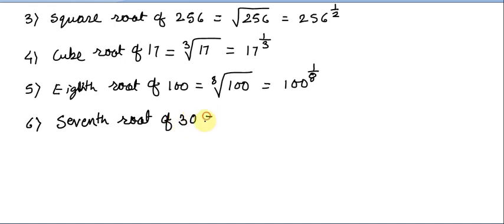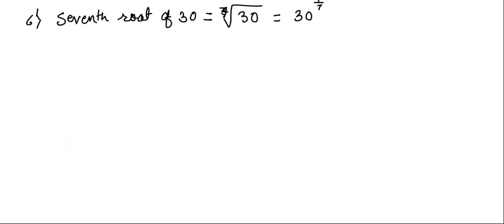Whenever you find this root of and before that the number is given, put that number in index as a rational number 1 upon n. So here seventh root of 30 is written as 30 raised to the power 1 upon 7. So in this way first problem is completed. So easy.